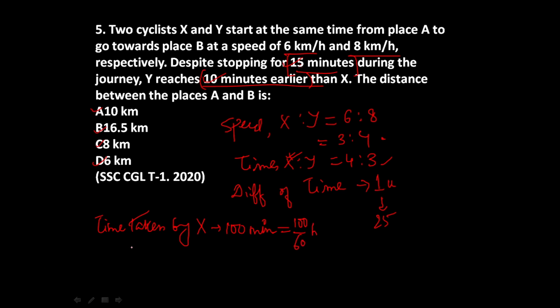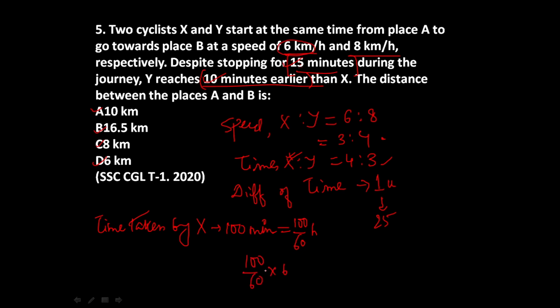Clear? Next is the distance. So what will be the distance? The distance can be found using the speed, because this time is 100 upon 60 and the speed is 6 km per hour, so it will be 100 upon 60 into 6.